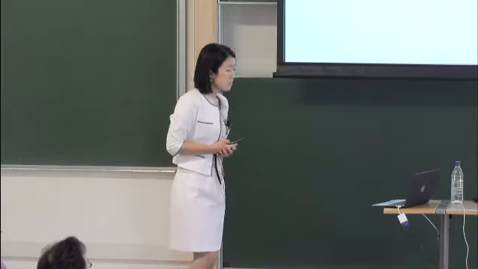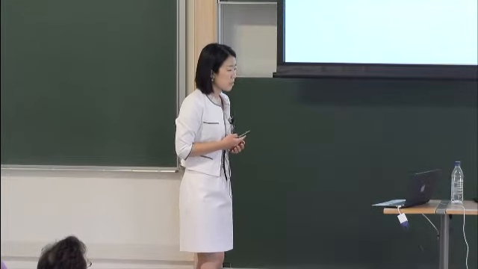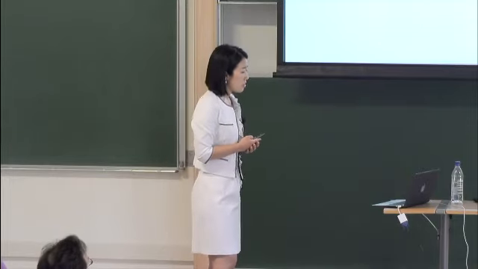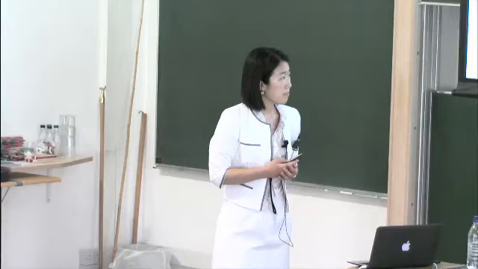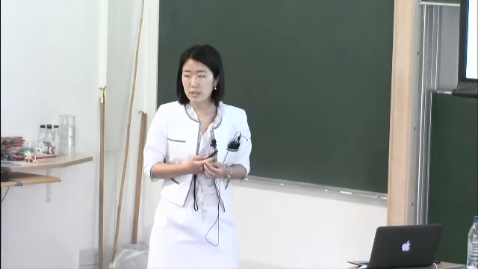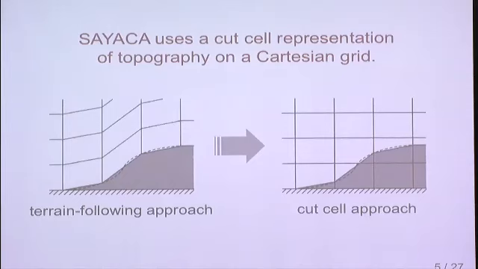Cartesian models, on the other hand, immerse the topography in a regular Cartesian grid, and this leads to irregular grids near the boundary. Because this method keeps the model levels horizontal, regardless of the steepness of the topography, it doesn't suffer from truncation errors as in terrain-following models.